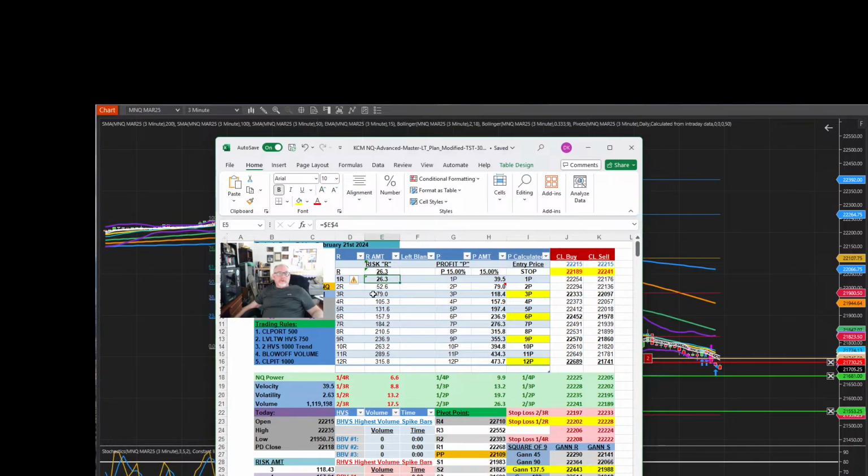So what this is telling me is, if I was trading 1 contract and I wanted to go 1R versus 1P, I would physically put 27 ticks as my stop loss and 40 ticks as the target.